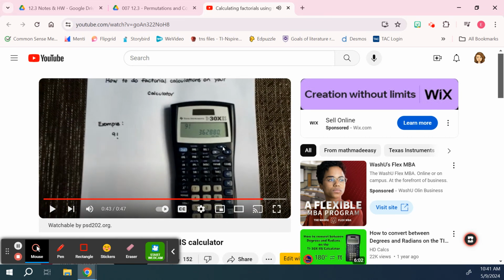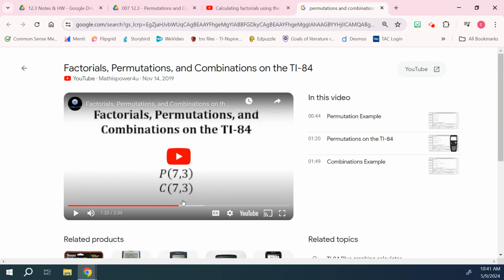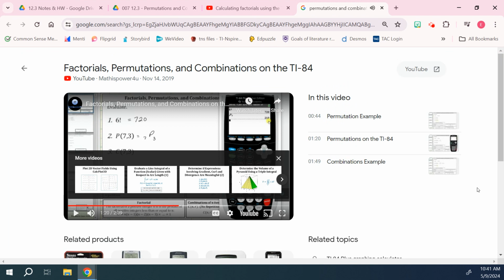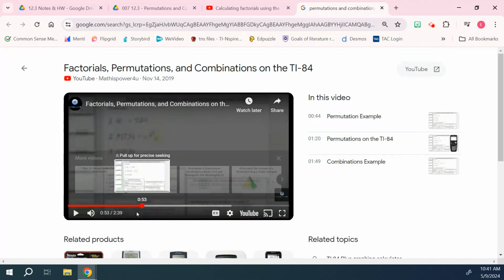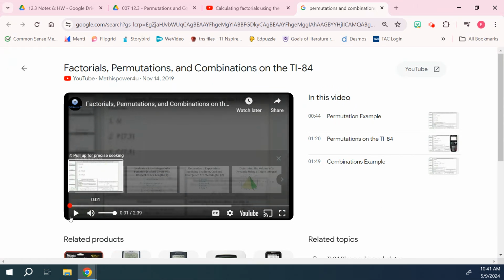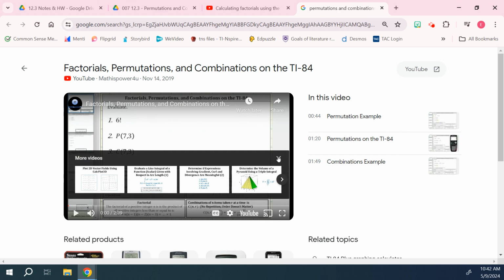All right, so that's the factorial. That's how you do the factorial with the 30. I don't know why it started all the way over there. Now let's look at the factorial for the other one.